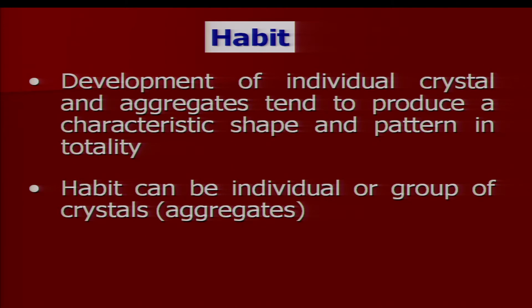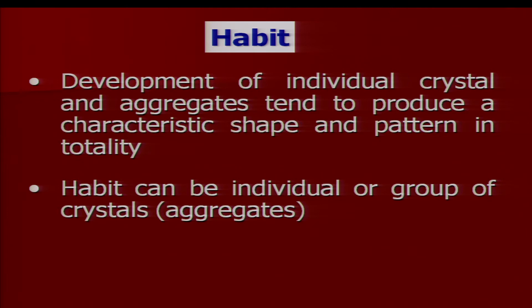What is habit? The development of individual crystals and aggregates tends to produce a characteristic shape and pattern. They are developed in totality, and this development of an individual crystal gives you an appearance which we discuss under the category of habit.